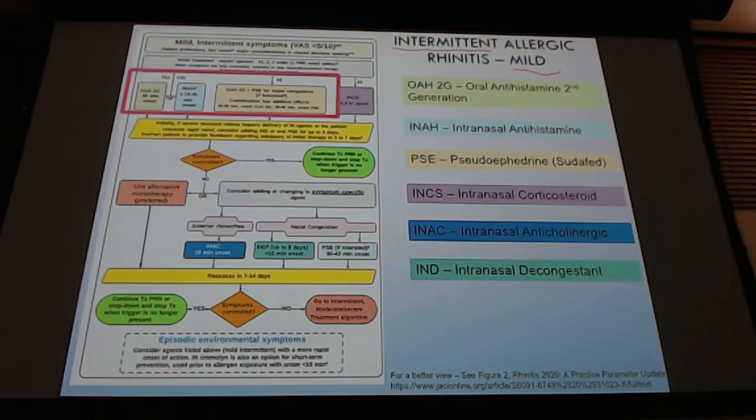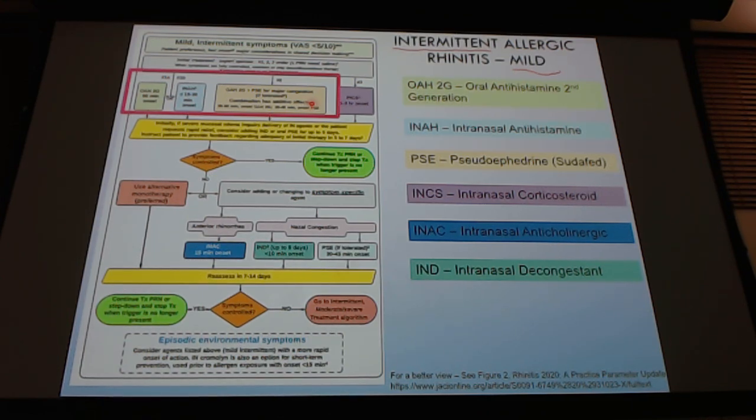So what you see here is, let me see if I can zoom in without messing things up. What you see here is that we have our oral antihistamine, or you can have an inhaled antihistamine. 1 or 2 options, oral or inhaled, as long as they have an antihistamine. If I ever tell you that your patient has congestion, then you're always going to say, hey, do you need some pseudoephedrine?